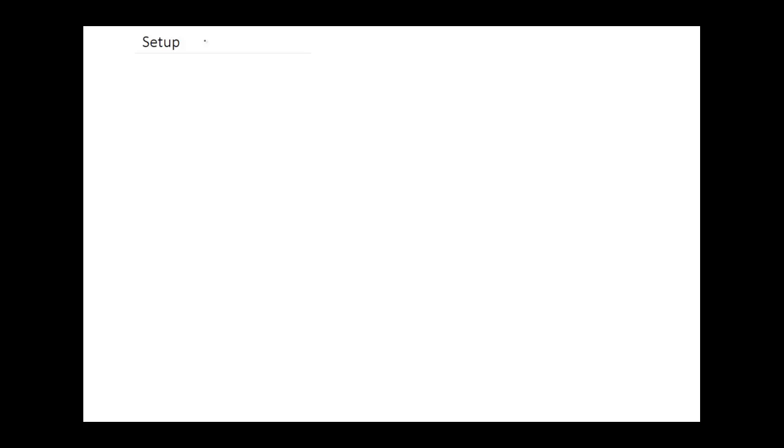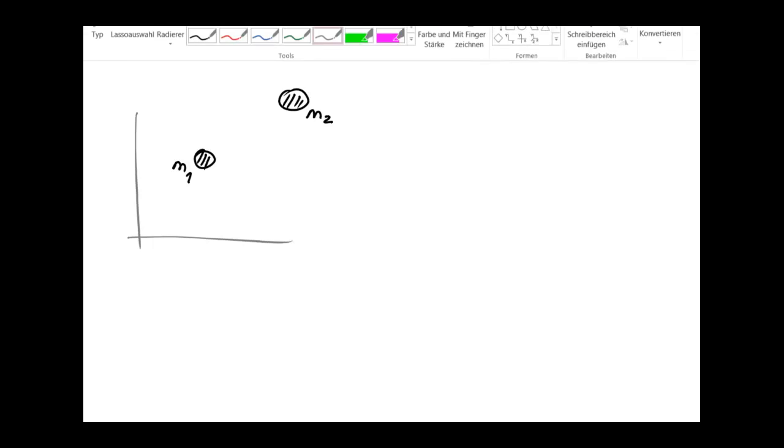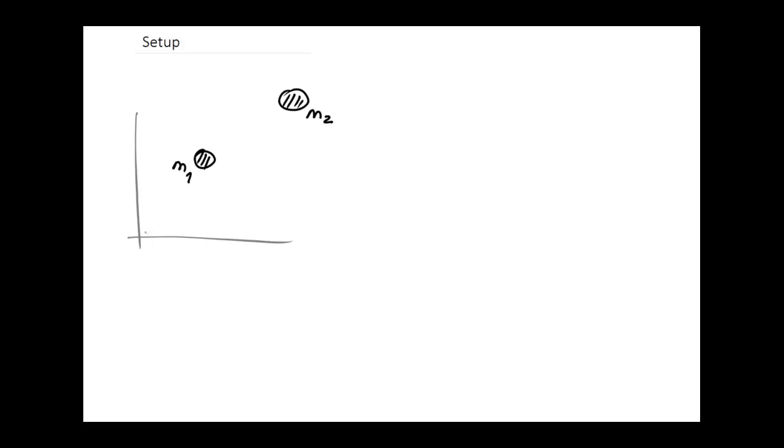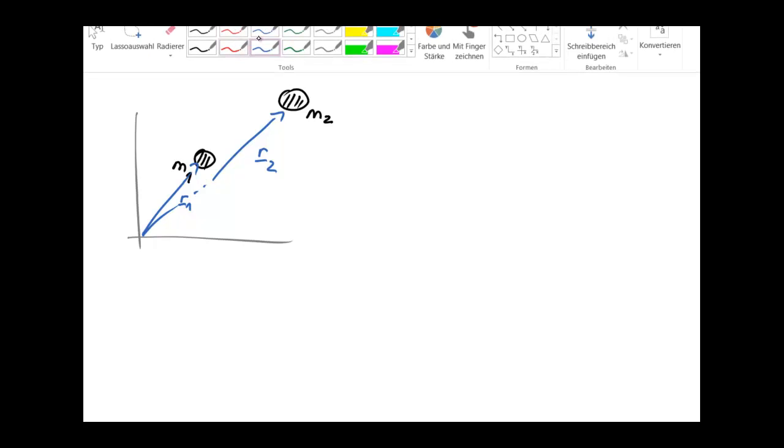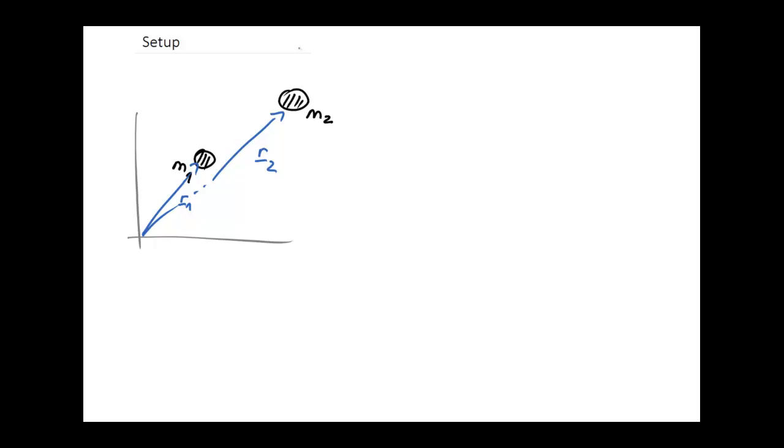And the general setup is two bodies, two masses, m1 and m2. We have some reference frame in space, and with respect to that reference frame, the first body is at position r1, the second body is at position r2. These two bodies exert forces on each other.